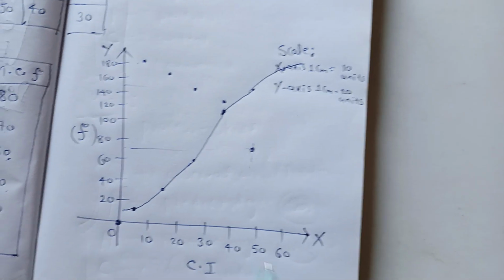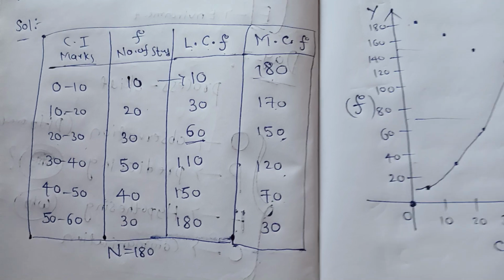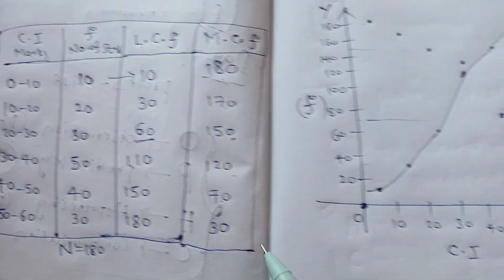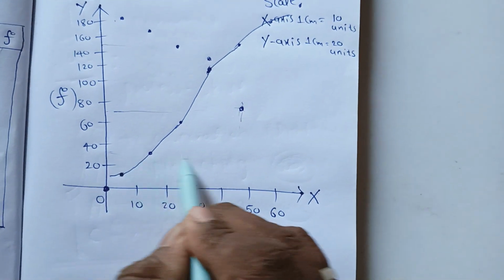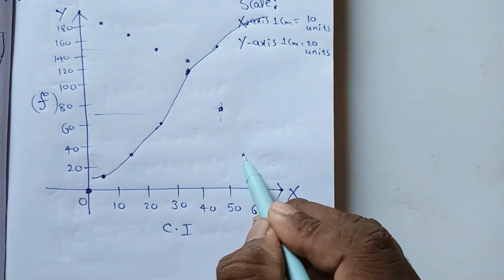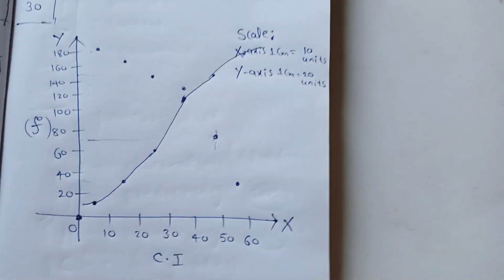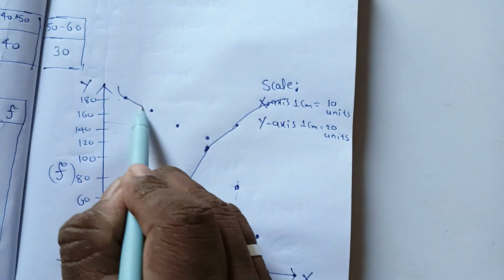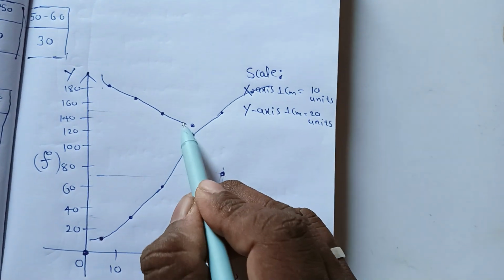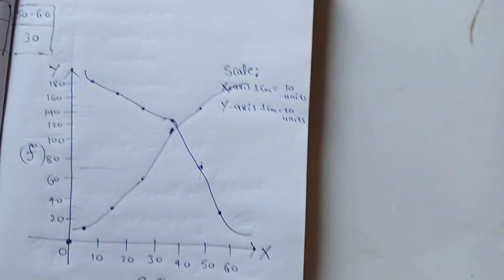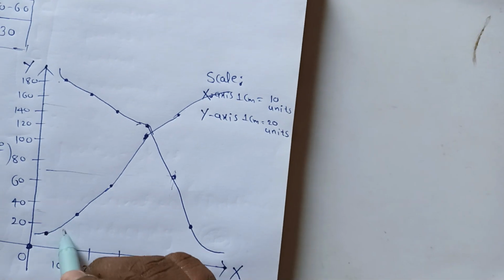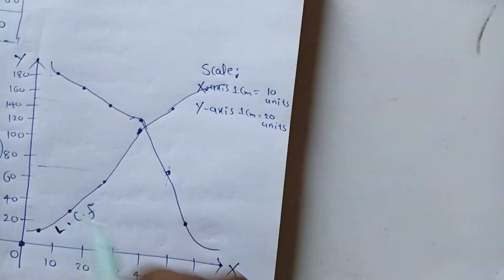Next, 50 to 60, you have the value 30. Now just join all these points with your hand. This would be like this. This is called the more than cumulative frequency curve.